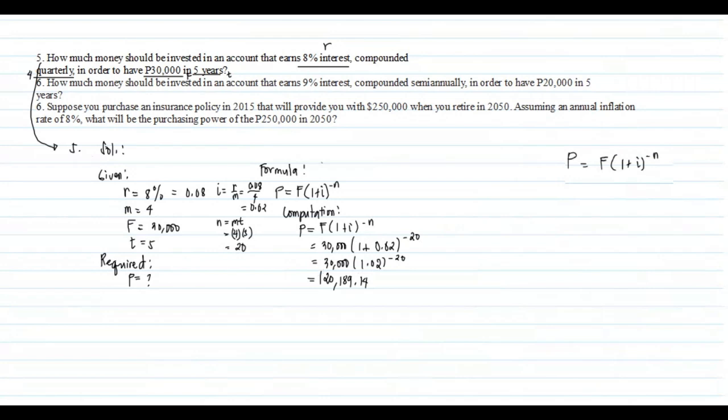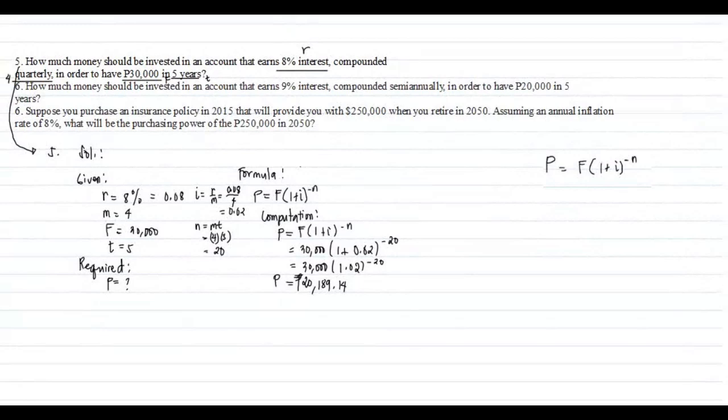So if we are going to answer the problem, that would be that the money that should be invested kay why pa man ngayon hiya invest, no? We are still trying to see how much money we would need to have 30,000 pesos after 5 years. So it would be now the money that should be invested is 20,189.14 pesos.